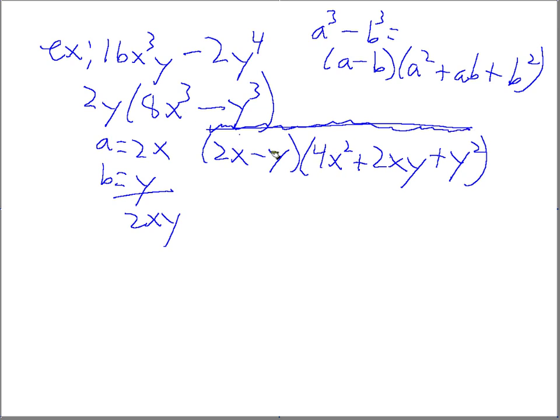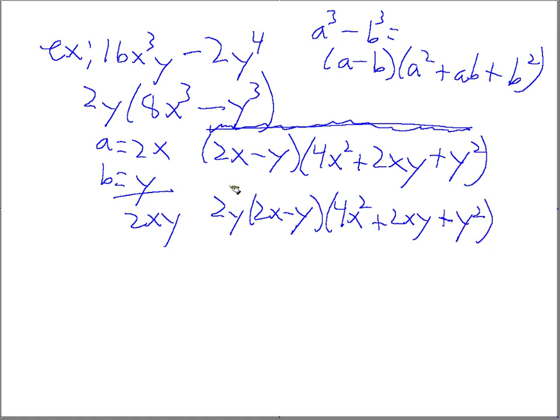Don't forget the GCF I took out earlier. So the final answer should be 2y, bring down the GCF again, times 2x minus y, times this trinomial: 4x squared plus 2xy plus y squared. Now I can circle that result as my final answer.